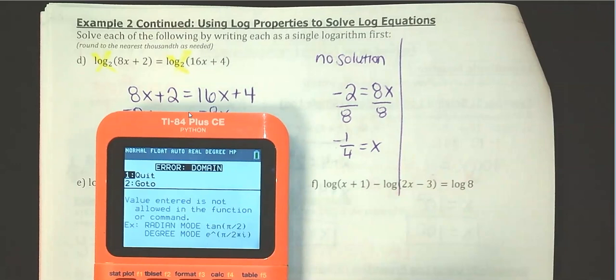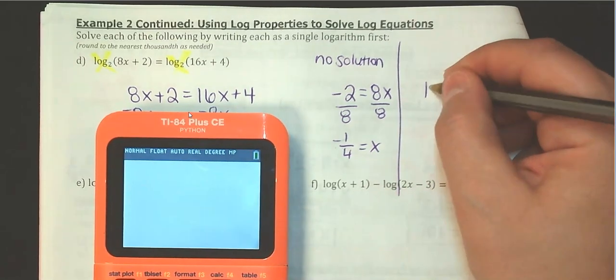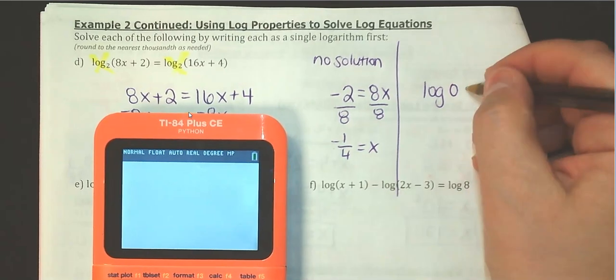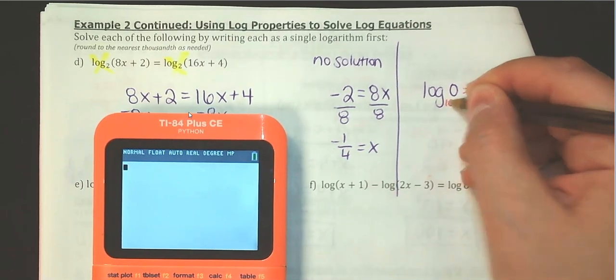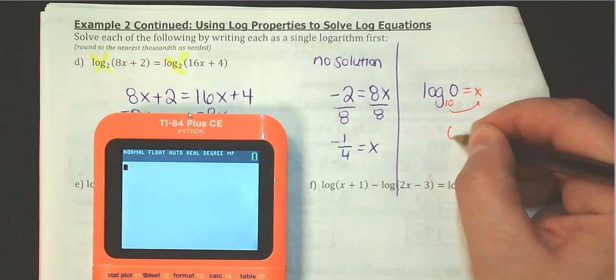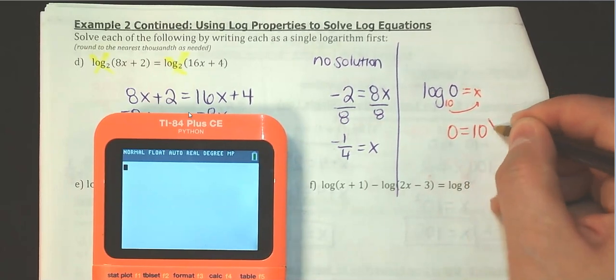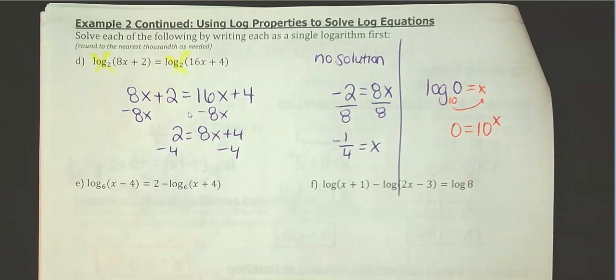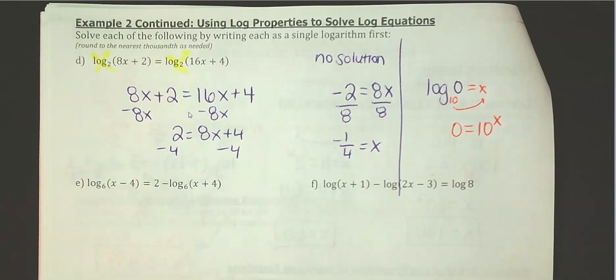So if I just have the log of 0, we could use any base we want. There would be no exponent that I could plug in that situation that would make that true. You cannot take the log of a negative number, and it doesn't happen very often, but you actually can't take the log of 0.